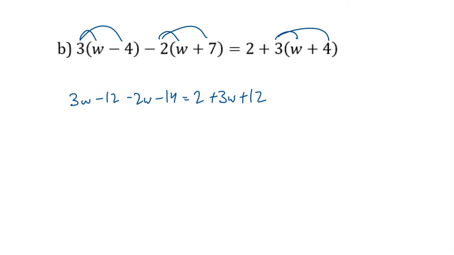I can notice that if there's a 3W on this side and a 3W on that side, I could just cross them out. Because if I subtract 3W from the right, I'm subtracting 3W from the left, and it's going to cancel out. So you can actually cancel things as long as they're on opposite sides of the equal sign. I wouldn't recommend doing that, unless you're really good at this stuff.